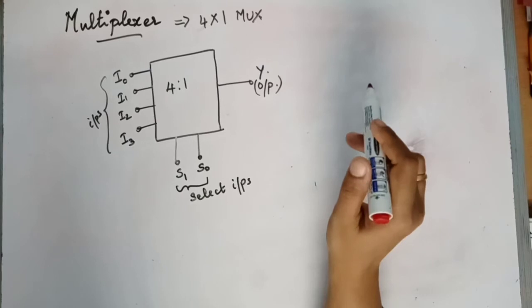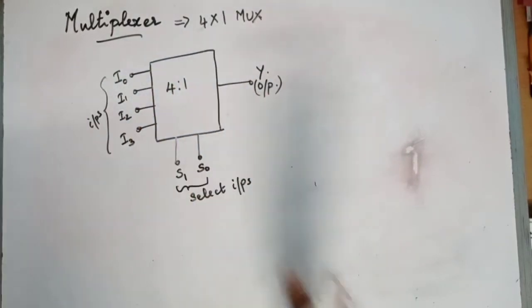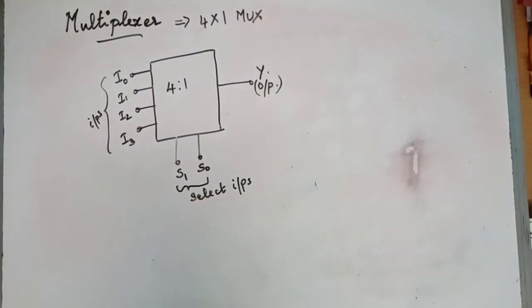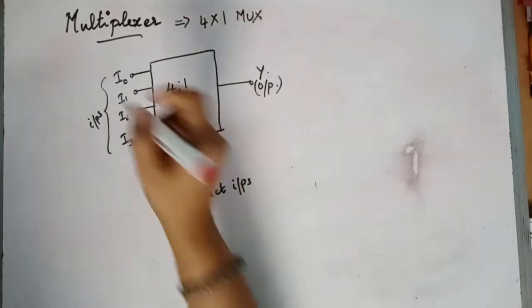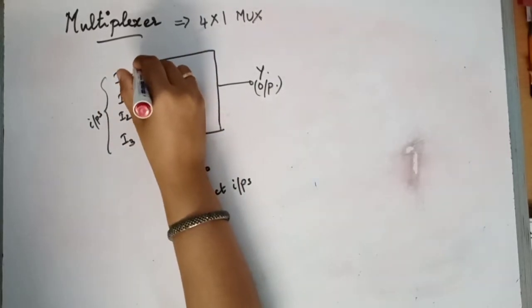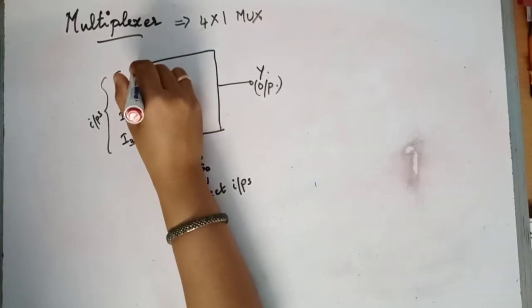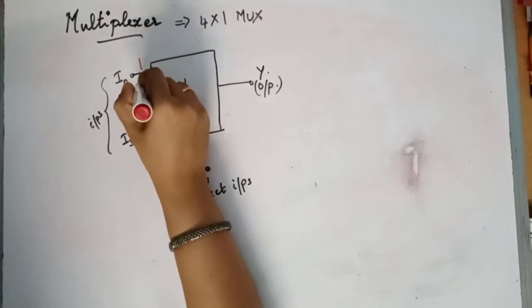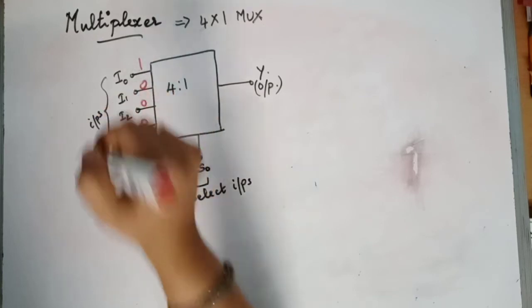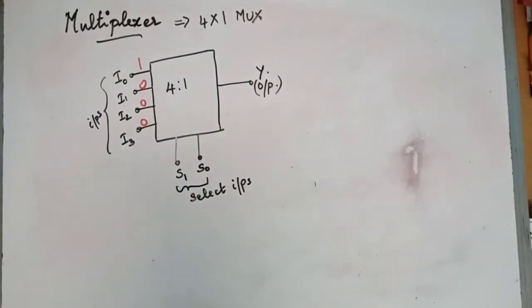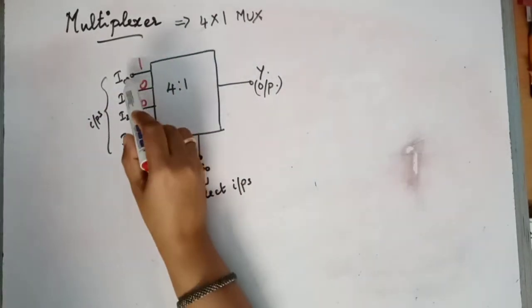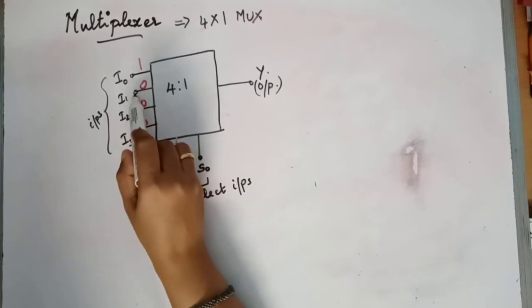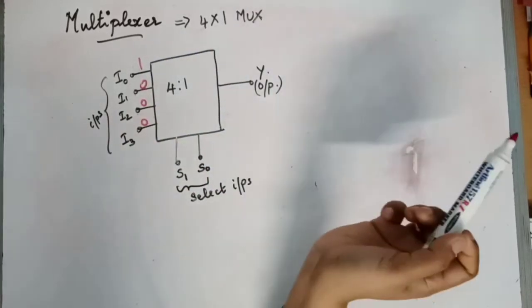So what you will do is, these inputs will carry a particular value initially. Suppose it is 1 0 0 0. Okay, so this switch is in the on position, this switch is in the off position.